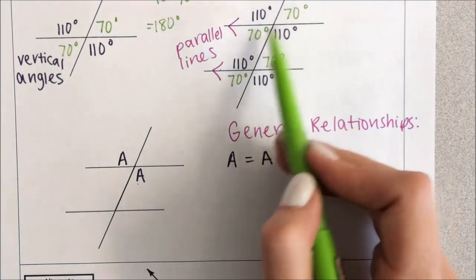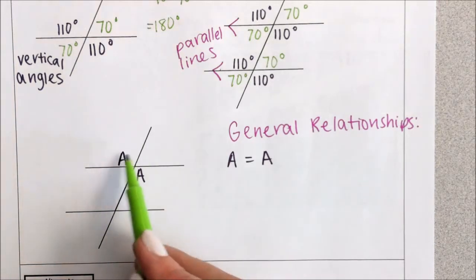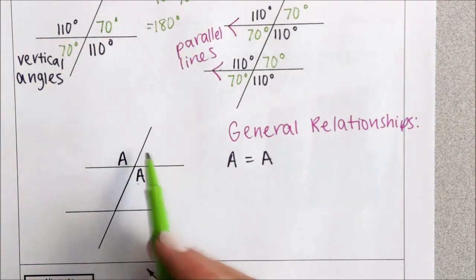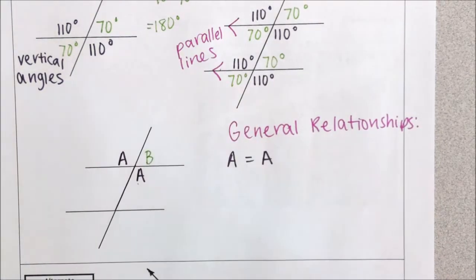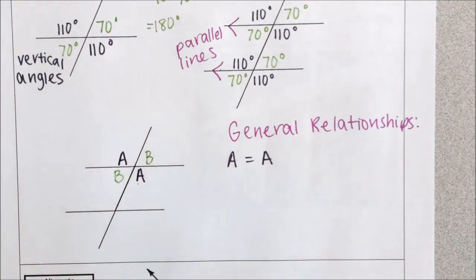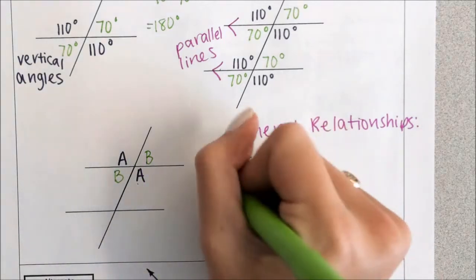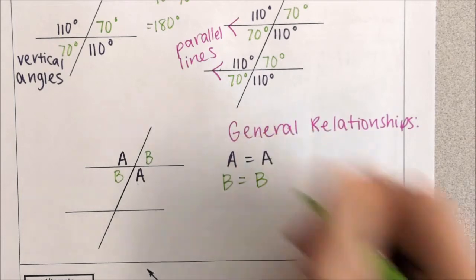Similarly, since these are both 70, but they're not 110, it's a different angle. You can tell because obtuse and acute. I'm going to call this one angle B. So if this is angle B, then I also have angle B down here. So just like with my A angles, my B angles are also going to be equal.